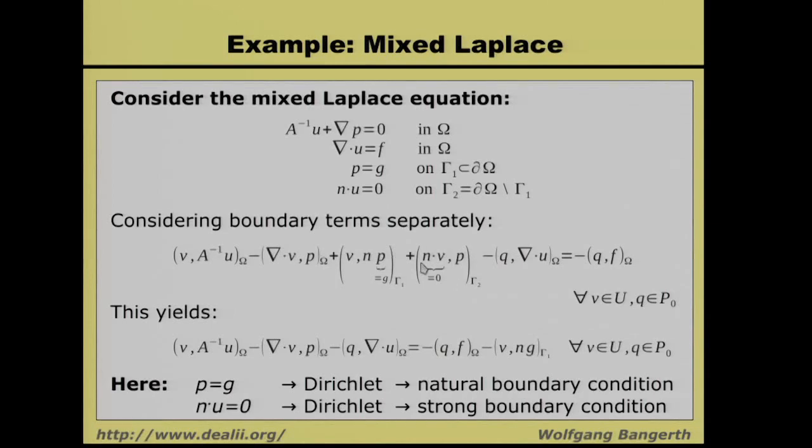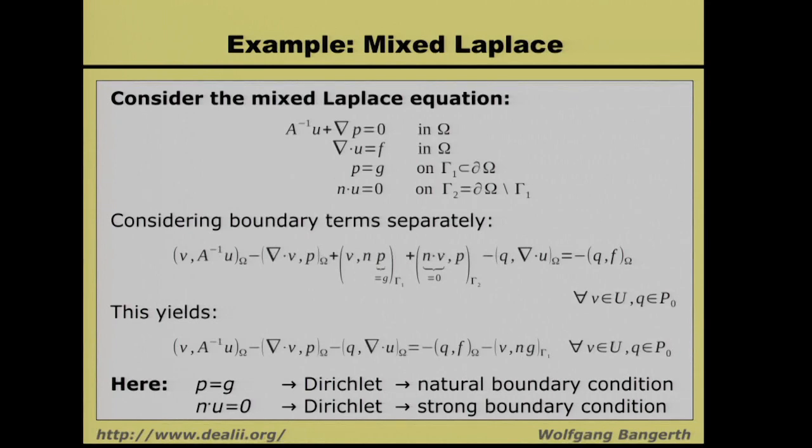And so in this term here, this term disappears altogether because the test function times the normal vector is 0. So what I get is only a bilinear form or a weak formulation that involves this term and this term here. So they all go over to the left-hand side. I already had minus q times f. And out of this term here, I get another contribution on the right-hand side.